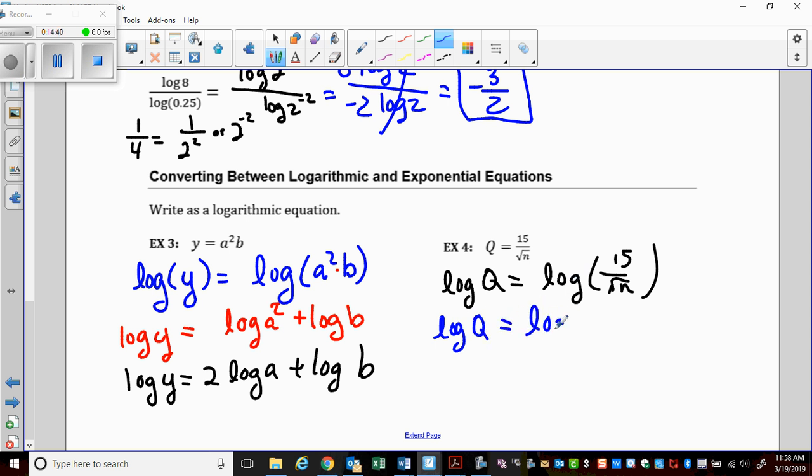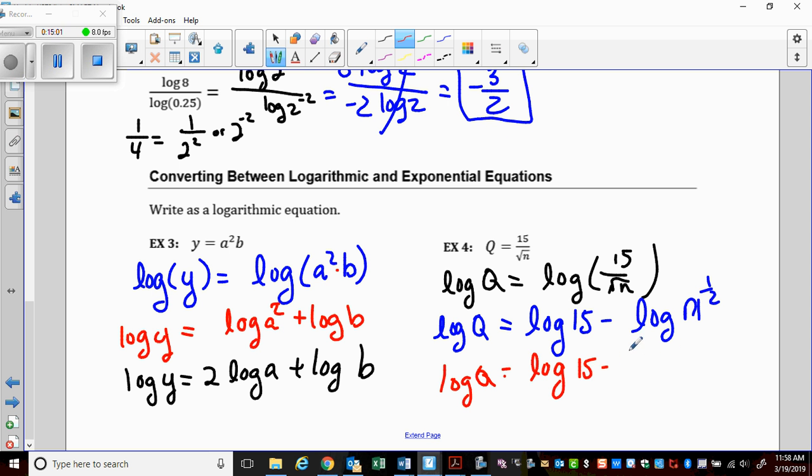And then log of 15 minus log of the square root of n, or n to the 1/2. And remember, we can bring that 1/2 down. And this is going to be log of q equals log of 15 minus 1/2 log of n.